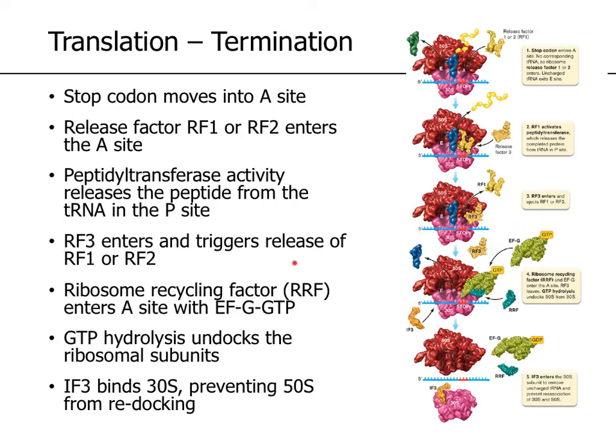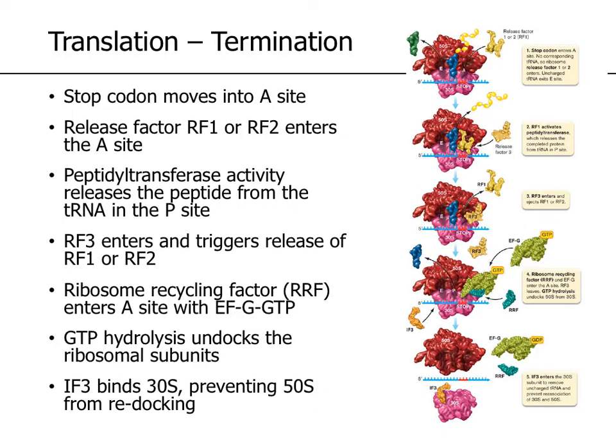Then RF3 will enter, and RF3 entering triggers the release of RF1. And then we have another ribosome recycling factor, and that one enters with the EF-G GTP complex. So the EF-G is still playing that same role that it plays in the elongation, and with the GTP hydrolysis, it essentially will kick off the final RRF.